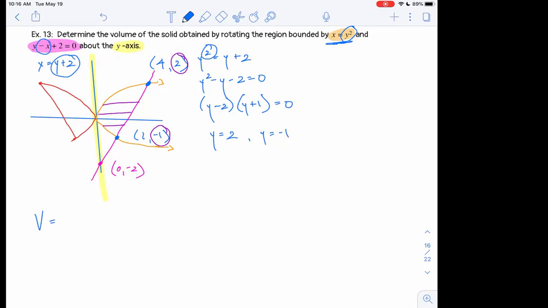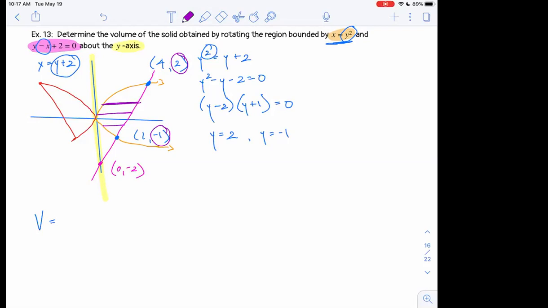It actually does. One way that you can tell is if you're drawing your purple line, like if I draw the purple line here, that touches the axis of revolution, right? So at that point, there's no hole. But what about this line? Does this purple line ever touch the yellow axis? No, it doesn't.